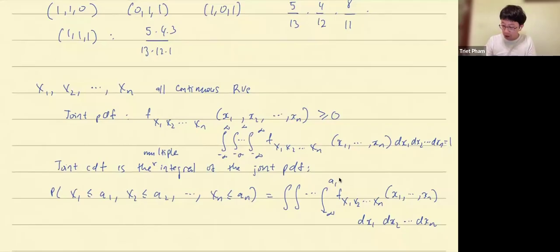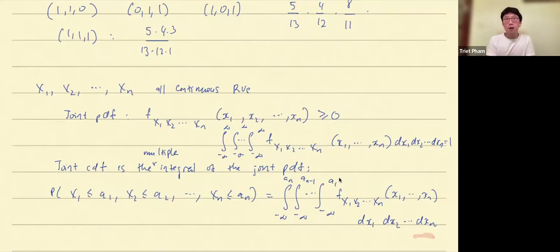So notice you have to kind of match up, right? X1 is the inner integration. So I integrate x1 first from minus infinity to a1. And then I integrate x2 from minus infinity to a2, etc. So the two outer ones would be minus infinity to a(n-1), and minus infinity to an, the last one.